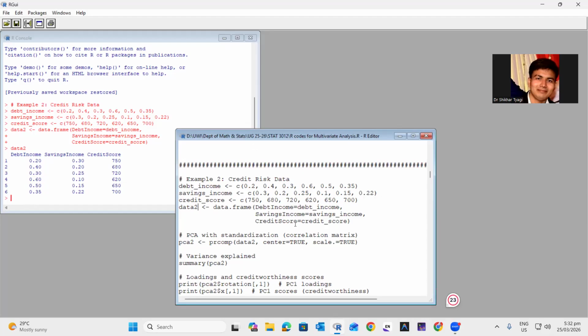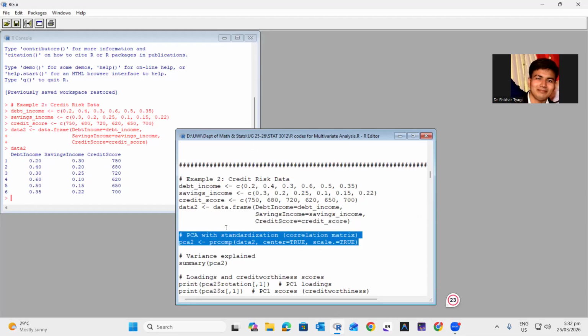And scale equals TRUE means we are going to standardize each variable to mean 0 and variance 1 before applying the principal component analysis. This is equivalent to performing the principal component analysis on the correlation matrix, ensuring all variables contribute equally.